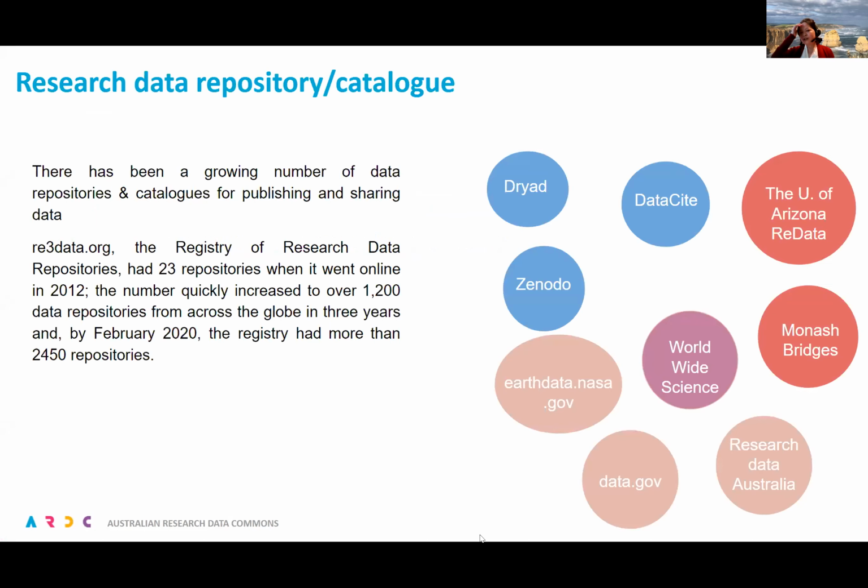So what's the motivation? In the past decade, we have seen an increasing number of data repositories or catalogs, public or domain specific. That's good for open research and to improve research reproducibility.